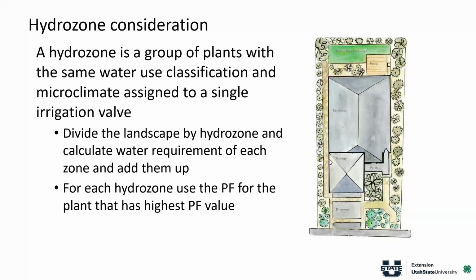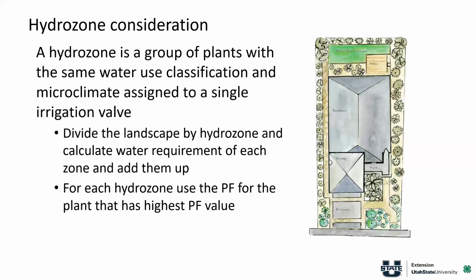So in the hydrozone, we need to have plants that have similar water use. And when you calculate the area and water budget, we calculate the water budget for each hydrozone, and then we add it all up. And that would be the water used for the entire landscape.